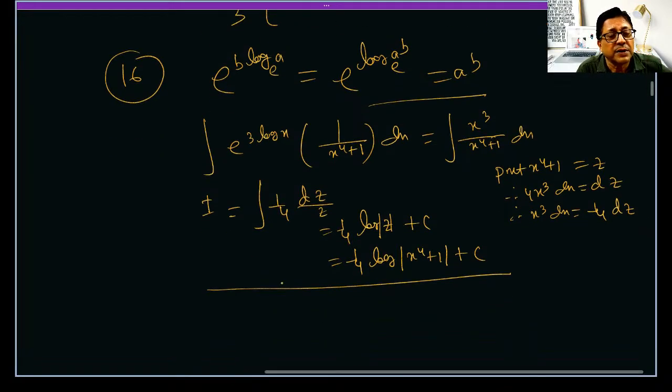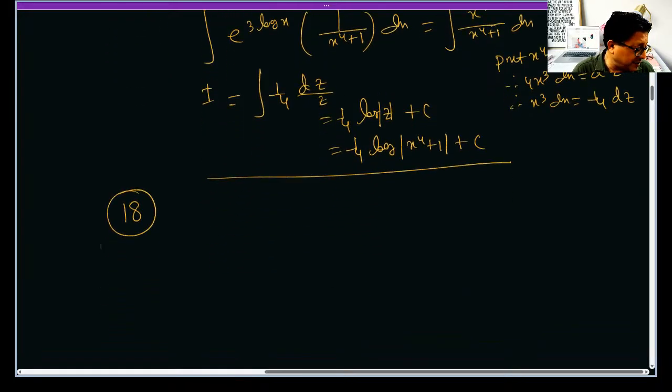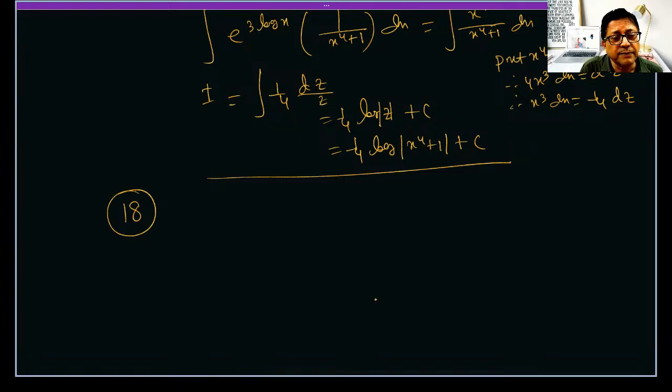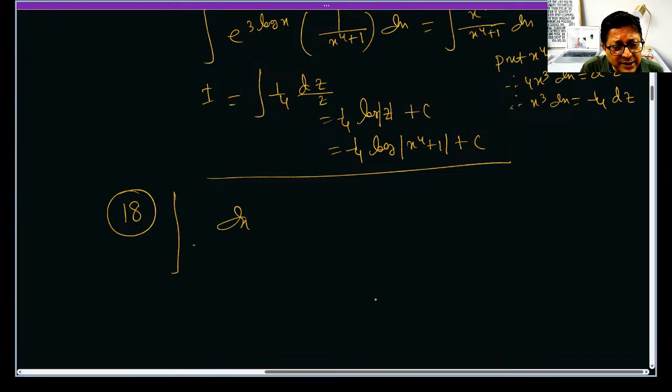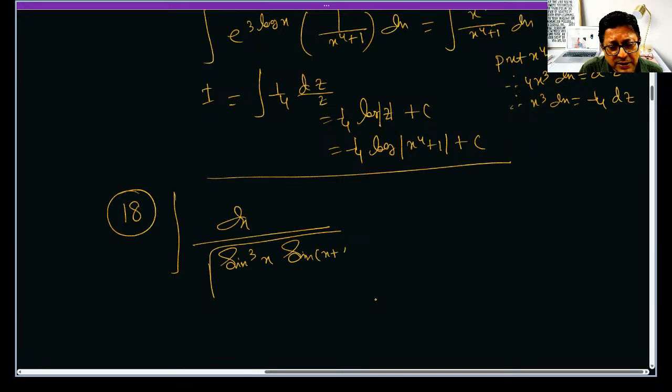Understood? Another very common sum I'd like to discuss with you, that is sum number 18 from NCERT miscellaneous, that is dx by under root sin cube x sin x plus alpha.